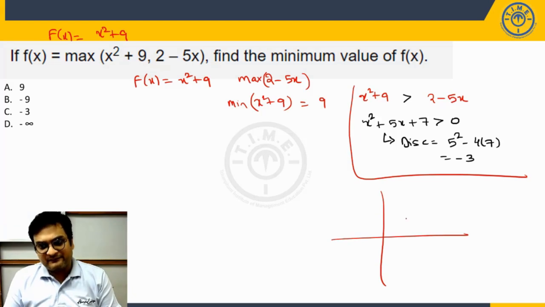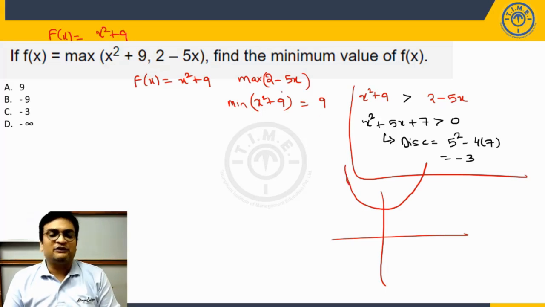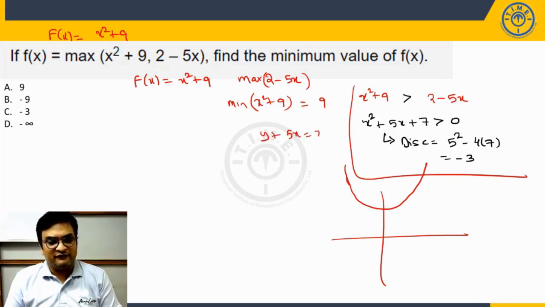Please notice, if you look at x square plus 9, the graph is going to be something like this. And if you look at y equal to 2 minus 5x, or rather y plus 5x equal to 2, when x is 0, y will be 2. So that graph shall be like this.